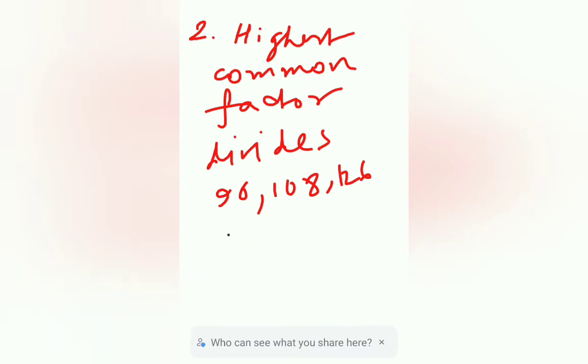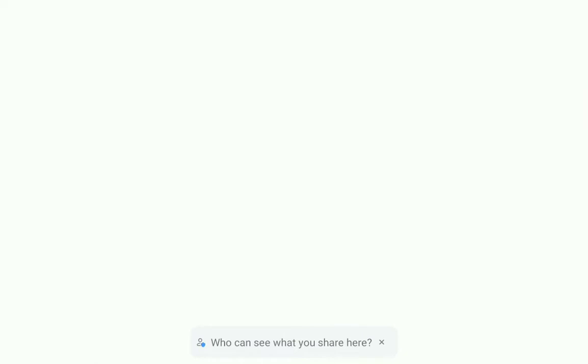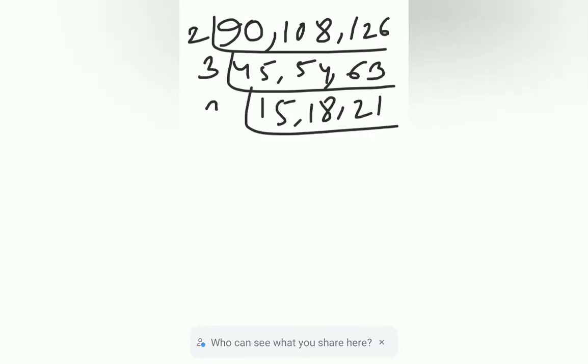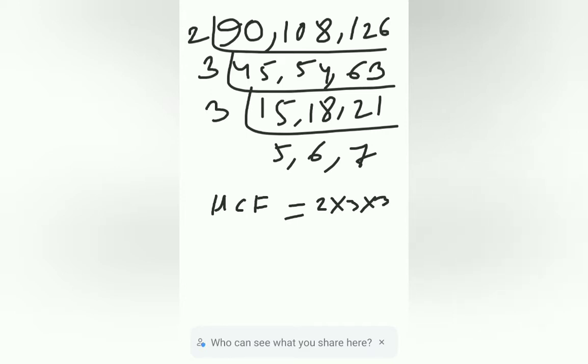This highest common factor divides 90, 108 and 126 without leaving a remainder. This is also a process to find the greatest common divisor, HCF, by factorization. Here the HCF is 18.